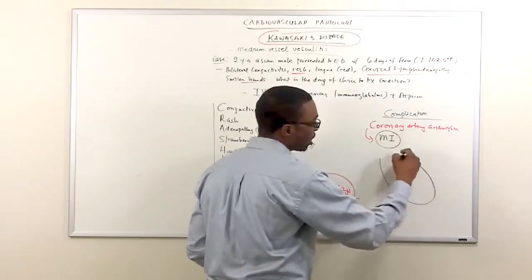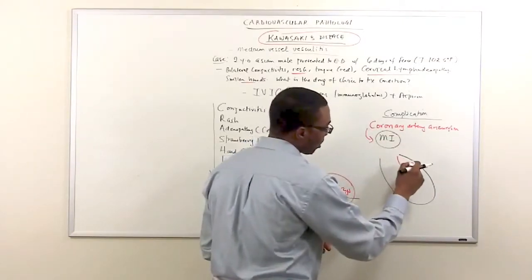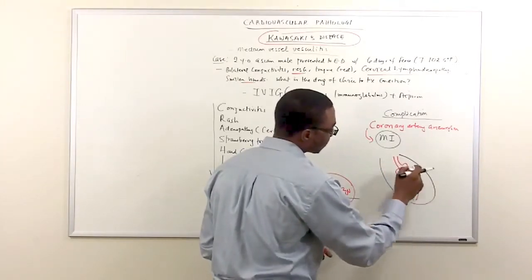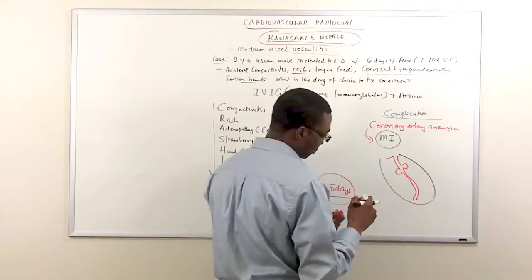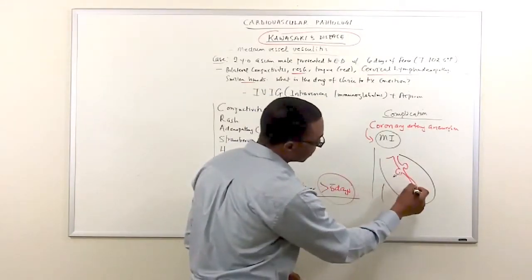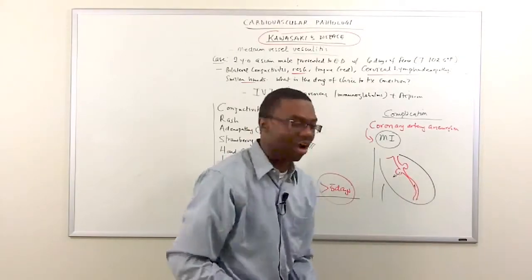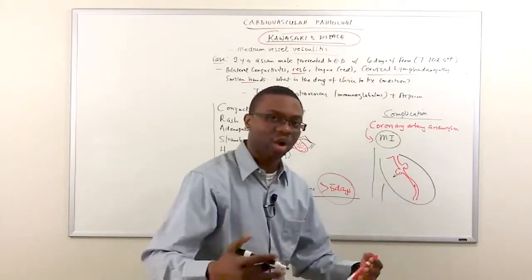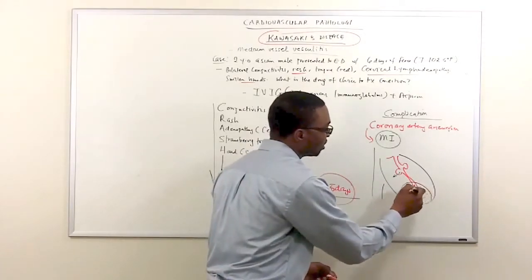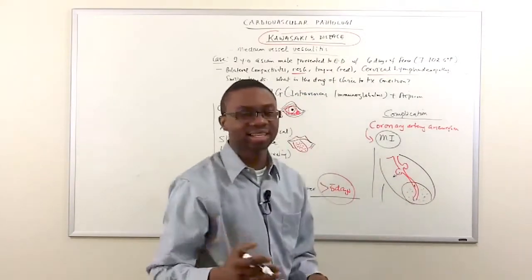So if this is the heart and that's the coronary artery and they develop an aneurysm on their LAD, if you rupture this, what happens? There's decreased perfusion to the rest of the heart, which is the same thing as myocardial infarction. And then they develop an area of necrosis, which is bad for the kid because this kid is very young.